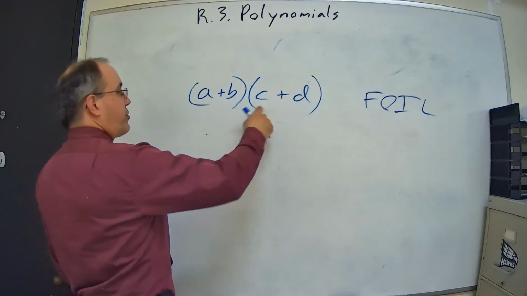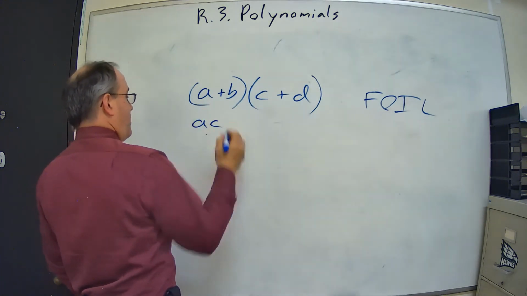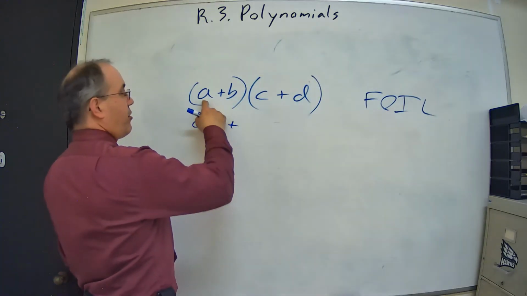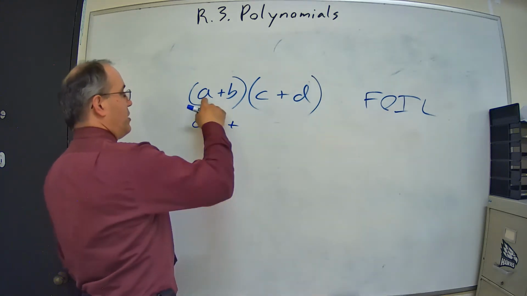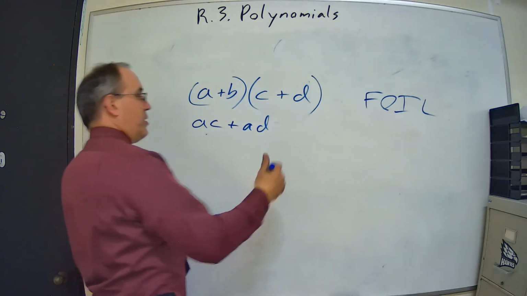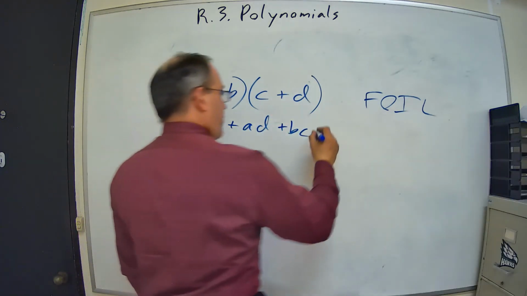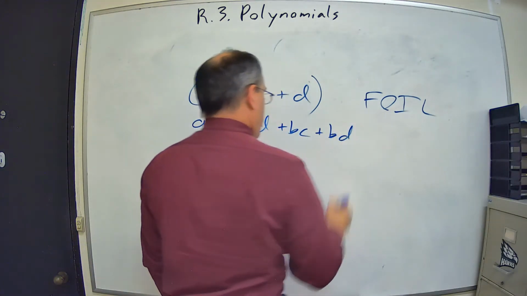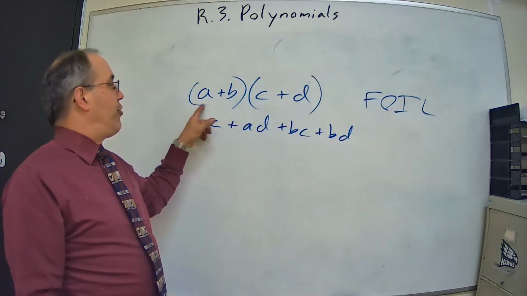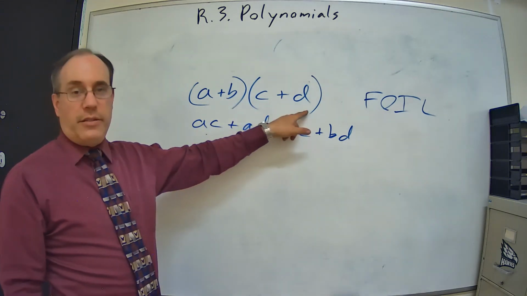First, you're going to look at the first term in each of the binomials and multiply A times C. You're going to look at the outer terms and get A times D. You're going to look at the inner terms, B times C, and the last terms, B times D. And that's FOIL. First, outer, inner, last.